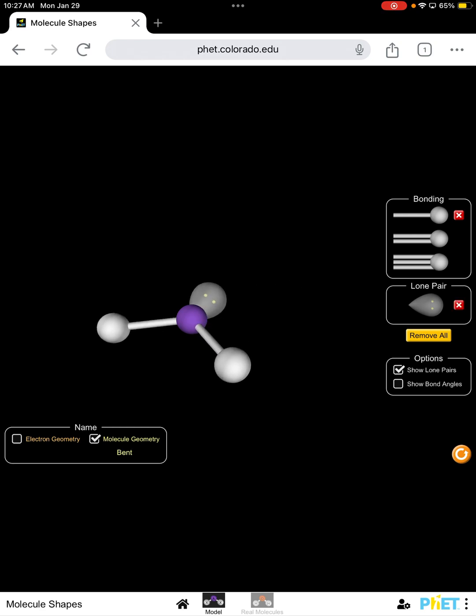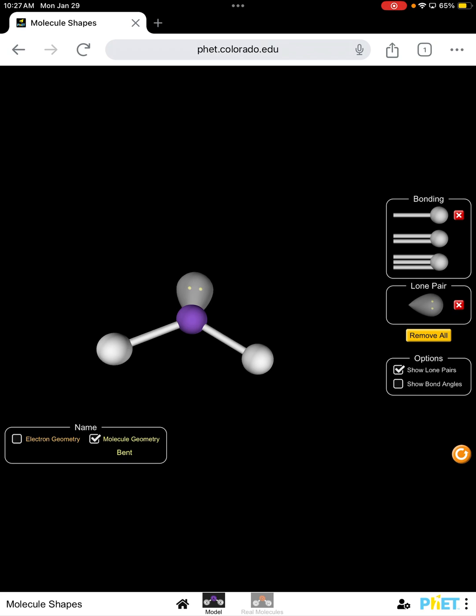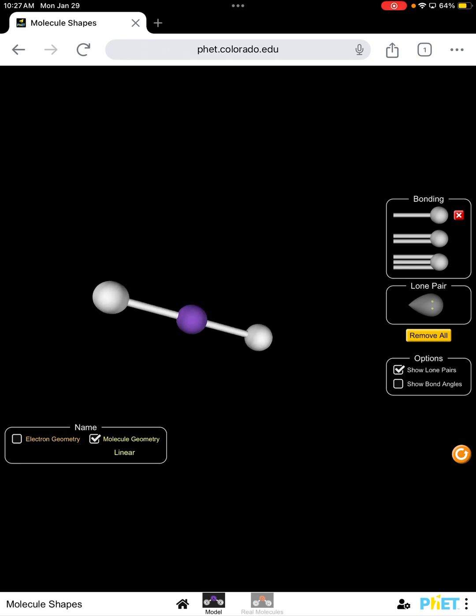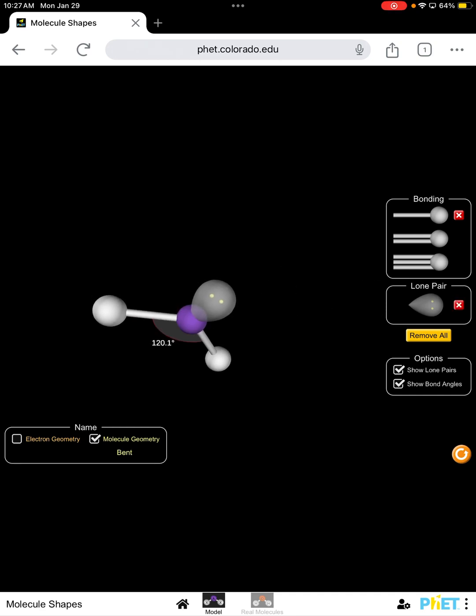If I add a lone pair, what does it do to my bond? It pushes them closer together. What would happen if I added another lone pair? Push them even closer together. Okay? So lone pairs push the atoms closer together, and there's my bond angle. So if you wanted to know what happens to the bond angle, now it's down to 120.